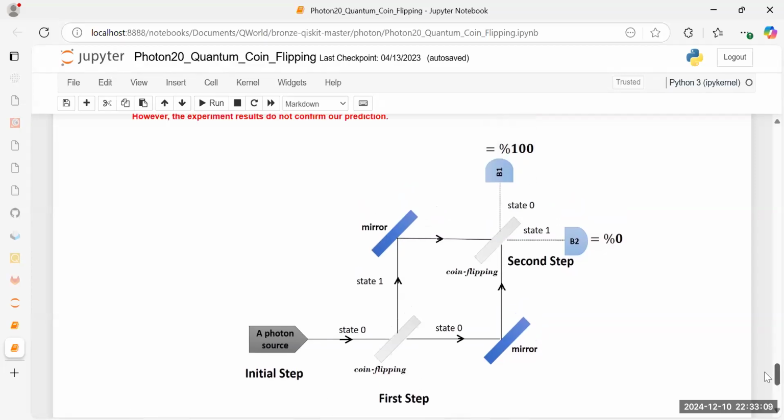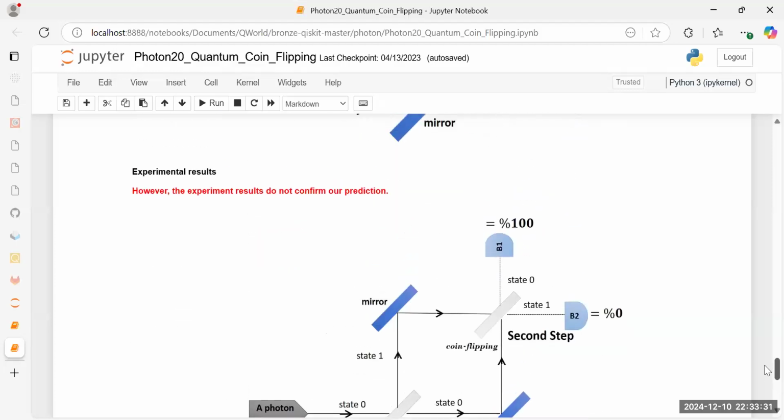Imagine picking up a coin and tossing it twice, and every single time you do this, it always lands on head. That's really weird behavior. And we're now going to start looking at quantum systems to understand why we're getting the results we see here.